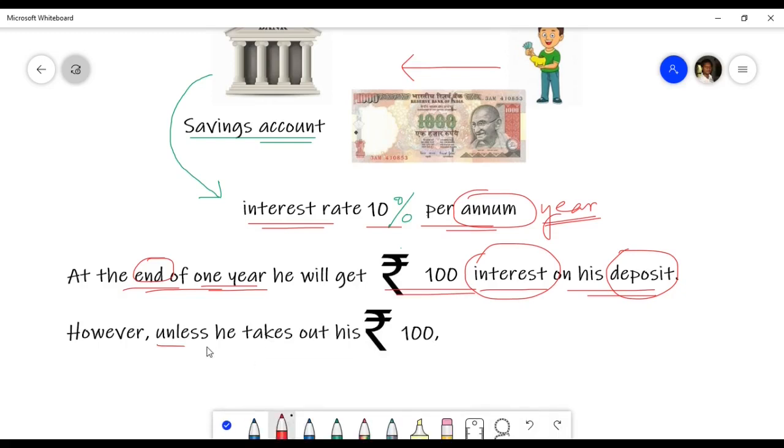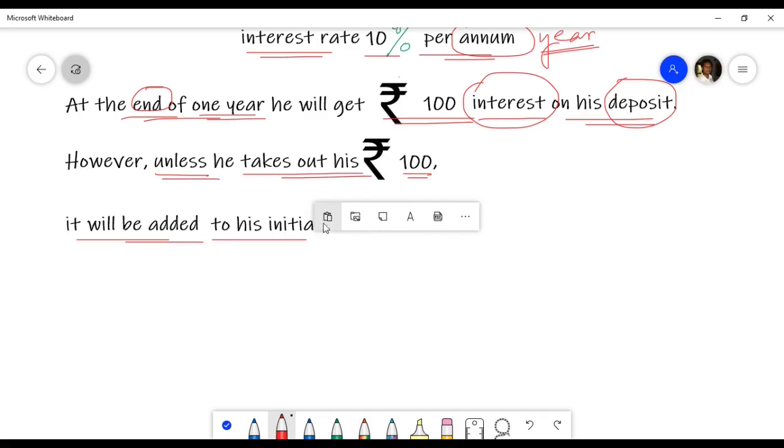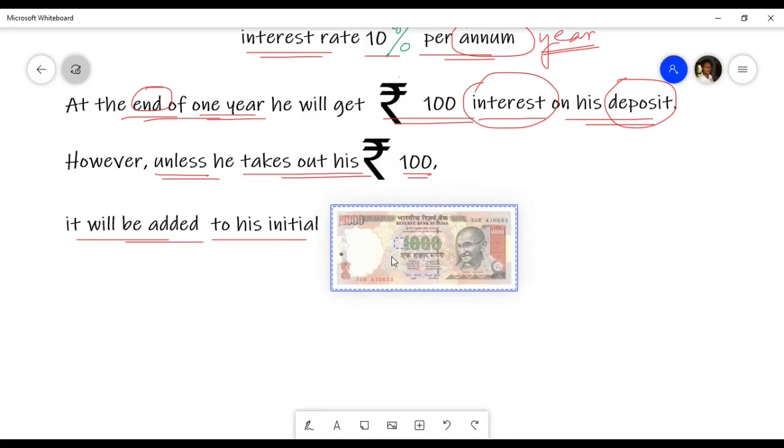However, unless he takes out his interest money, that is 100 rupees, what is going to happen? This 100 rupees will be added to his initial deposit. And how much was his initial deposit? 1000 rupees.